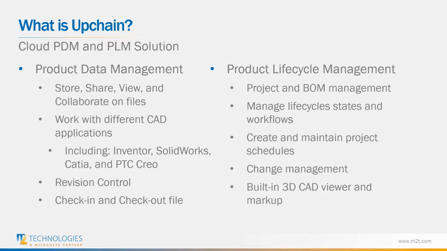Also, there is an entire change management and review process system built in to Upchain, so you can send out change orders or other documents within the system. And lastly, there's a built-in 3D CAD viewer and markup tool, so everyone can see the different products, download them if needed, and even create markups in Upchain to reflect any changes that need to be made.